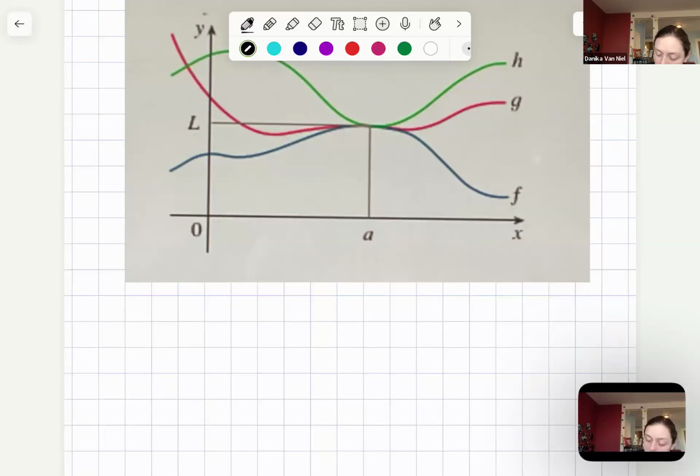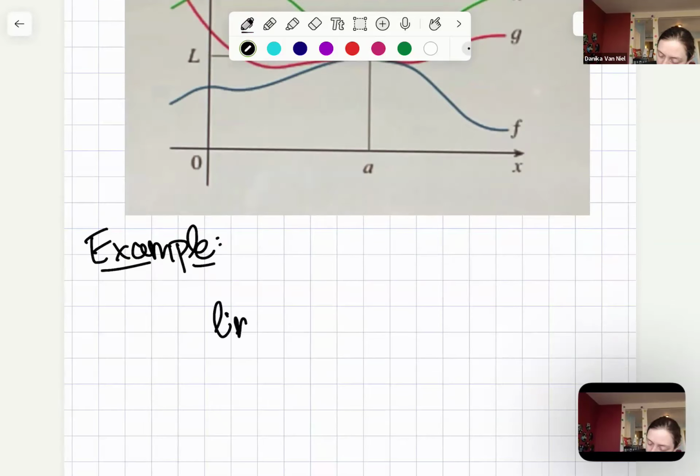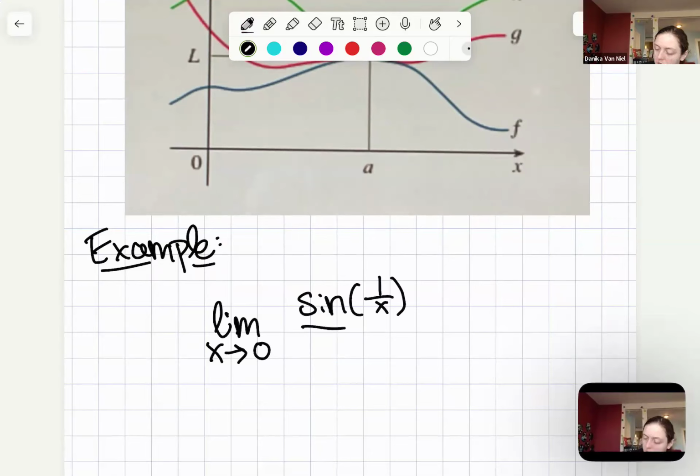I thought I had copied and pasted it. It's okay. The limit as x approaches 0 of sine of 1 over x over x.